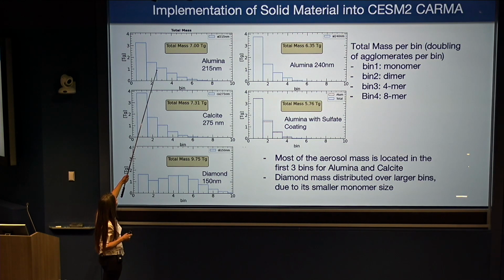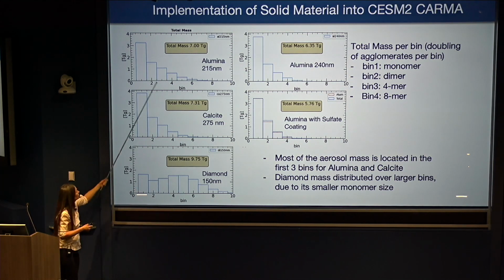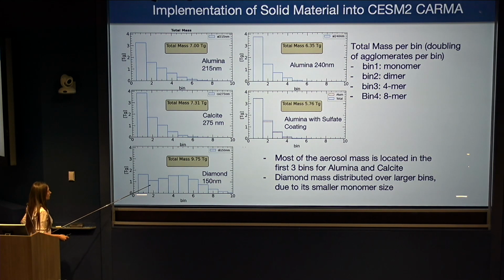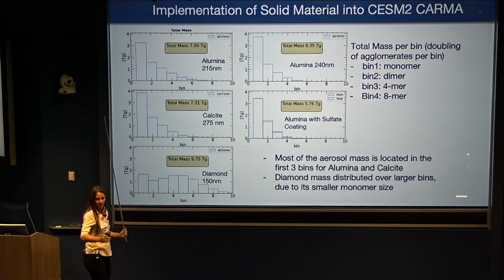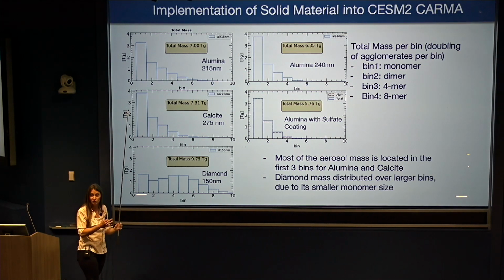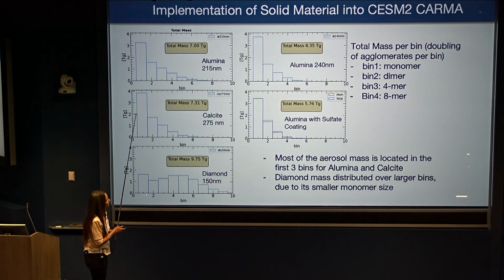Here you see alumina has a certain amount, calcite is a little larger, diamond changes a bit. We see that we do actually have much more mass in higher bins here. So the mass does not stay in the monomer, which would be desired.